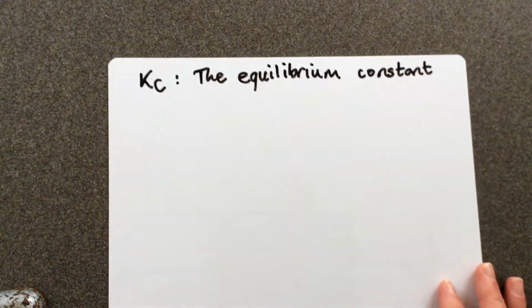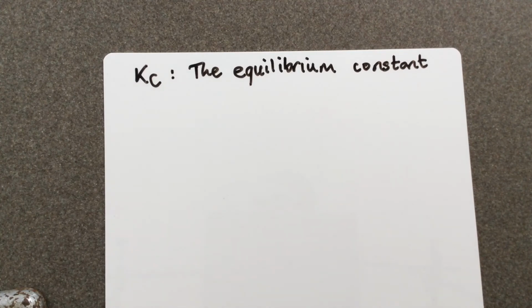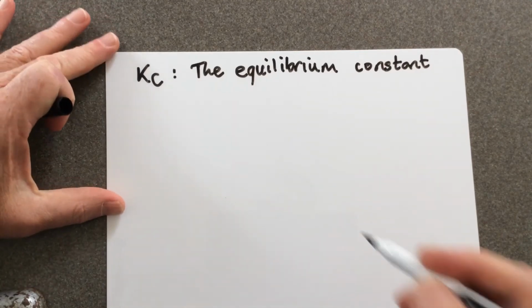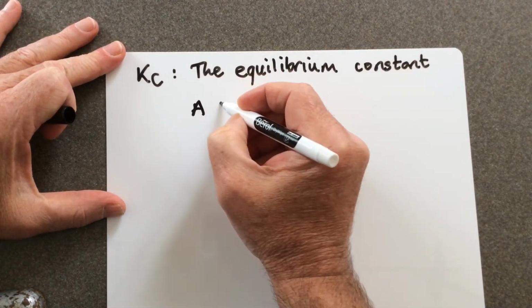I'm going to introduce you to a new idea, the equilibrium constant. What on earth do we mean by the equilibrium constant? Well, let's go back to a very, very basic equilibrium.